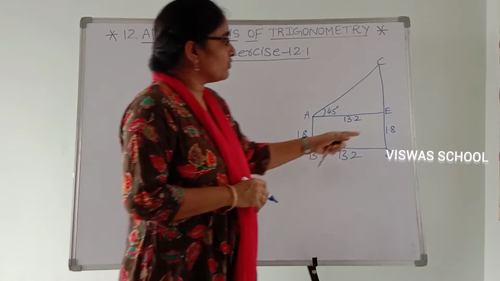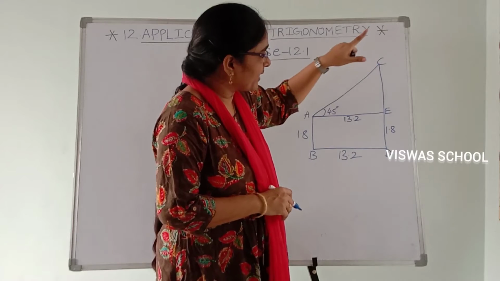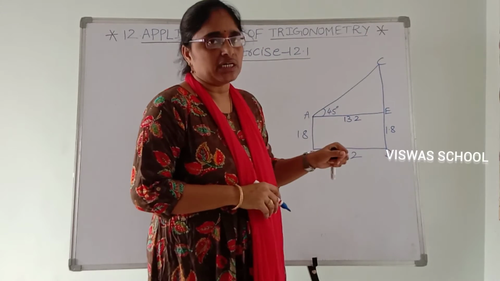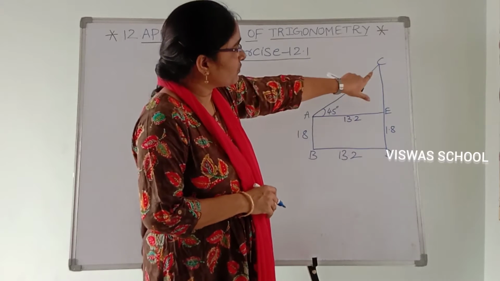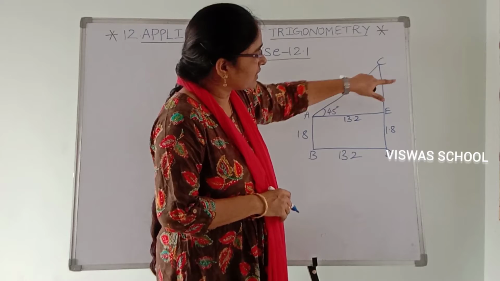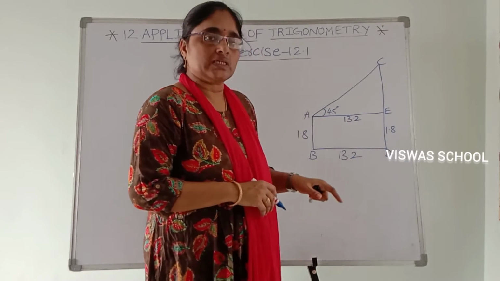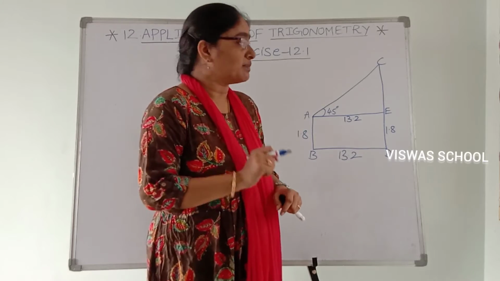Now we have DE, but we want to find the total height of the palm tree, that is CD. If you find CE, then add the CE value and the DE value, and you get the height of the palm tree.